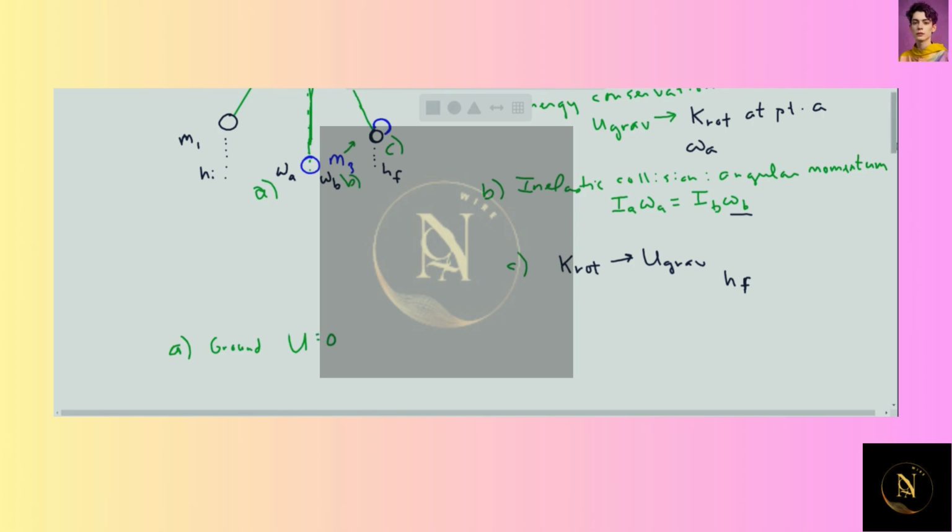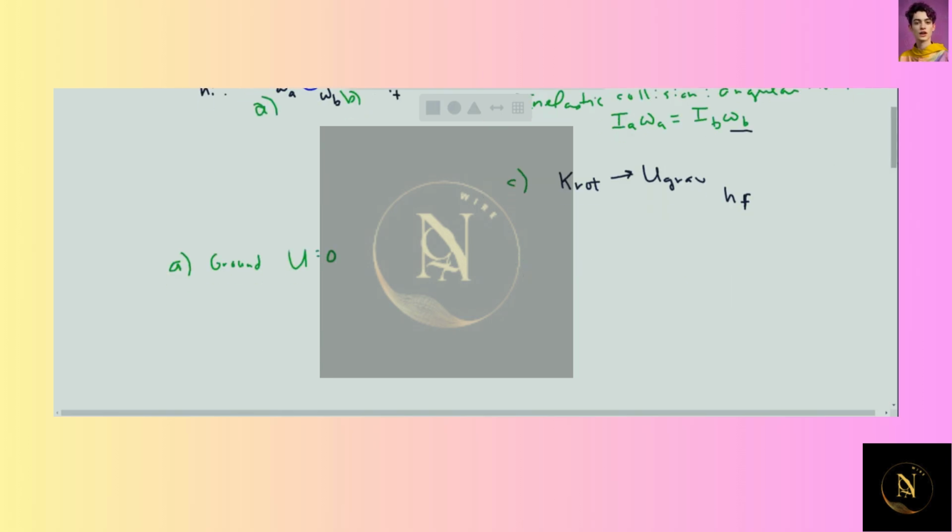But Jane and the vine are starting up off the ground. So let's just write down the initial potential energies. And the kinetic energy is 0, so we don't have to add that.